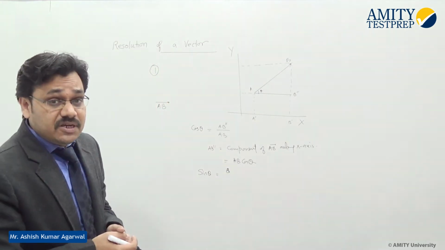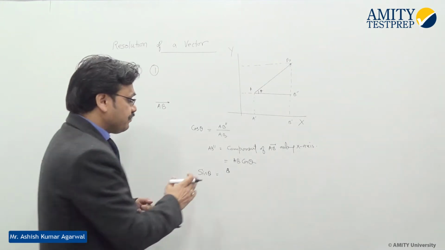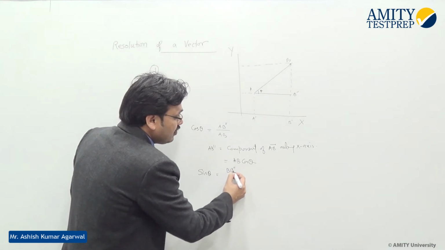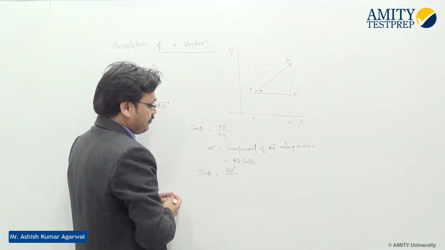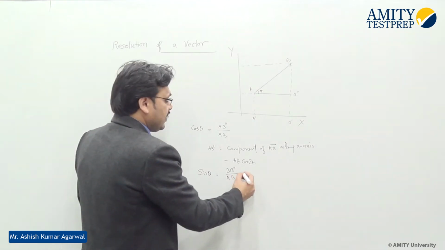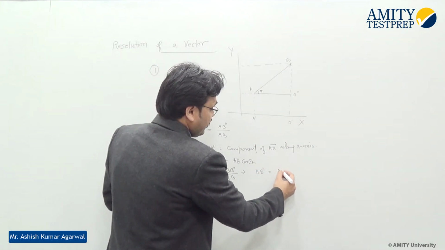How can you find sin theta? Sin theta is given by perpendicular upon hypotenuse. So here perpendicular is represented by B double dash divided by hypotenuse, that is AB. Clearly here B double dash is given by AB sin theta.